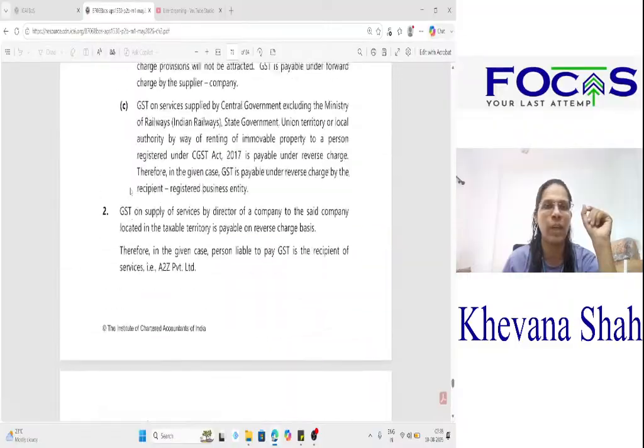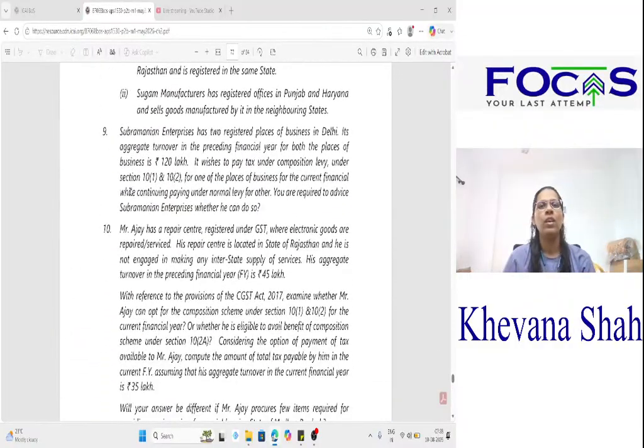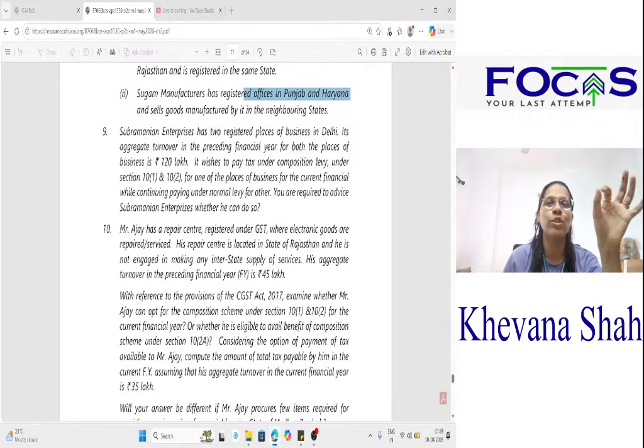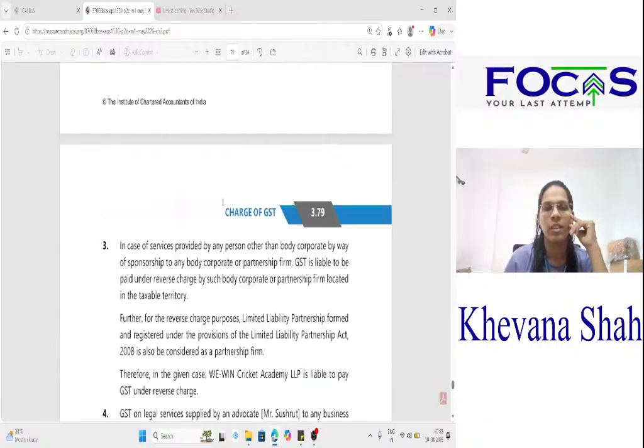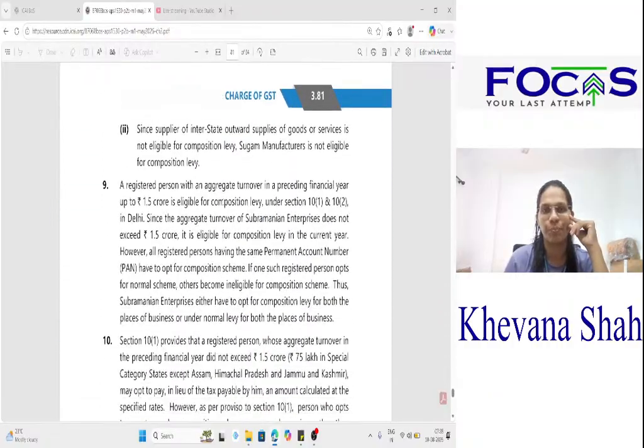Now second part. Sugam Manufacturers has registered offices in Punjab and Haryana and sells goods manufactured by it in the neighboring states. So you are registered in two states, and also you are selling the goods manufactured in the neighboring states. So what do you think? Will you be eligible or not?